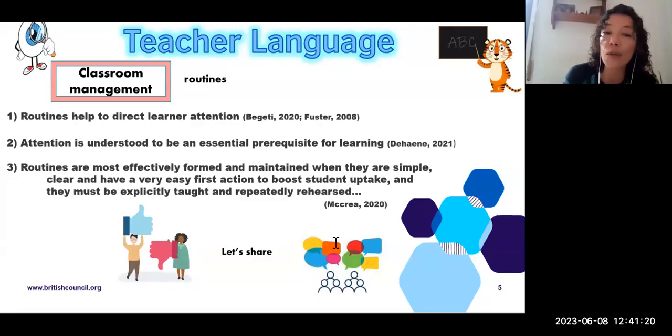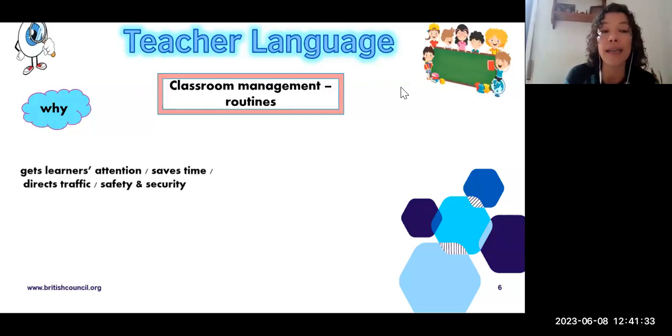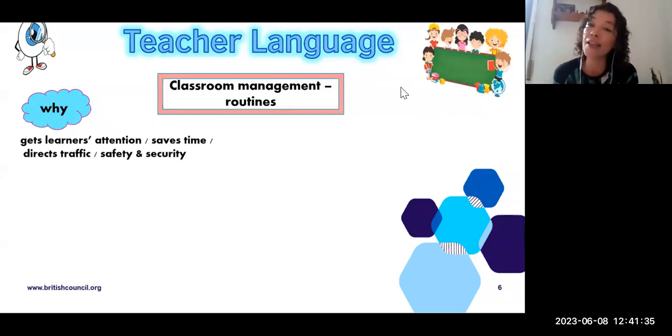Lovely. So we'll all feel that they are important for us and they can have this function. Sure, lovely. So in summary then, really, why we have routines in our classes is to get learners' attention, save us time as well, because it directs the traffic in our class.